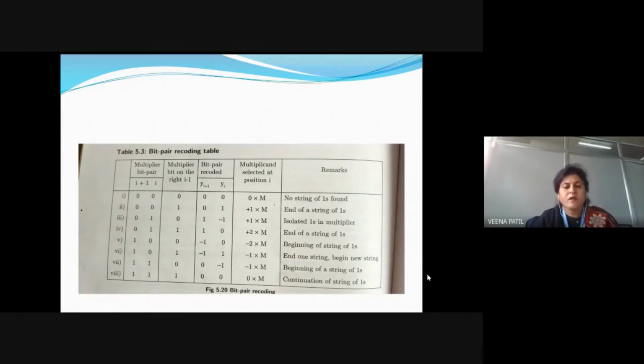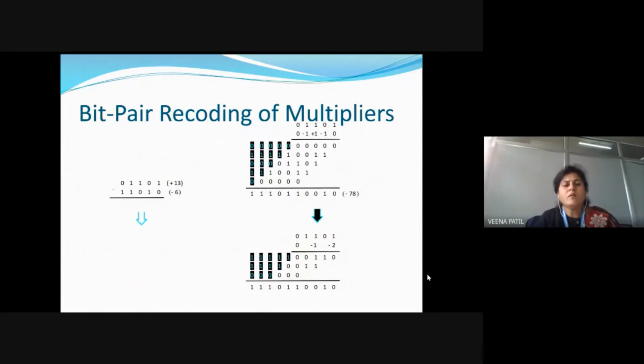Okay. Now we will take one example, then only we'll understand what actually it means. Already you people have done plus 13 into minus 6 using Booth's algorithm. So the same thing I have written here. You can see this is the recoded multiplier, right? And the number of steps 1, 2, 3, 4, 5 summands I have to do.